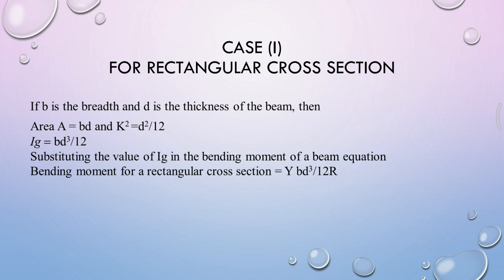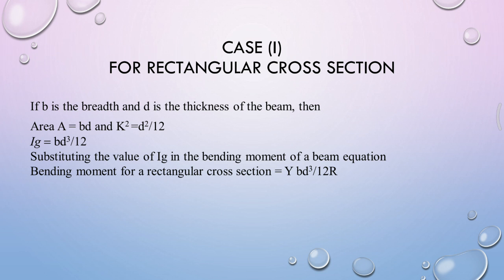For rectangular cross section, if b is the breadth and d is the thickness of the beam, then area A is equal to bd and k square is equal to d square by 12. Then Ig is equal to A k square, that is equal to b d cube by 12. In place of Ig, if you substitute b d cube by 12, then we get the bending moment for rectangular cross section, given by Y by r into b d cube by 12, that is Y b d cube by 12r.